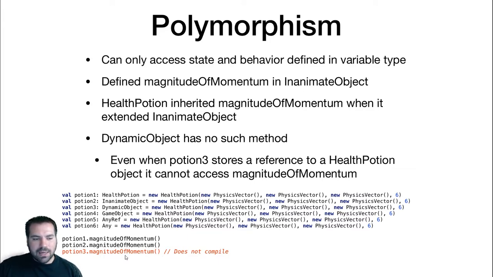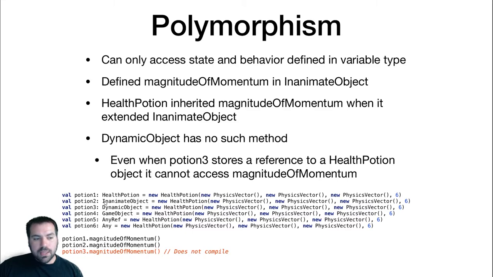For example, magnitude of momentum is defined in the inanimate object class, like we did on Monday. We added that method to the inanimate object class. So if I have a variable of type health potion storing this health potion, health potion inherited that method from inanimate object.